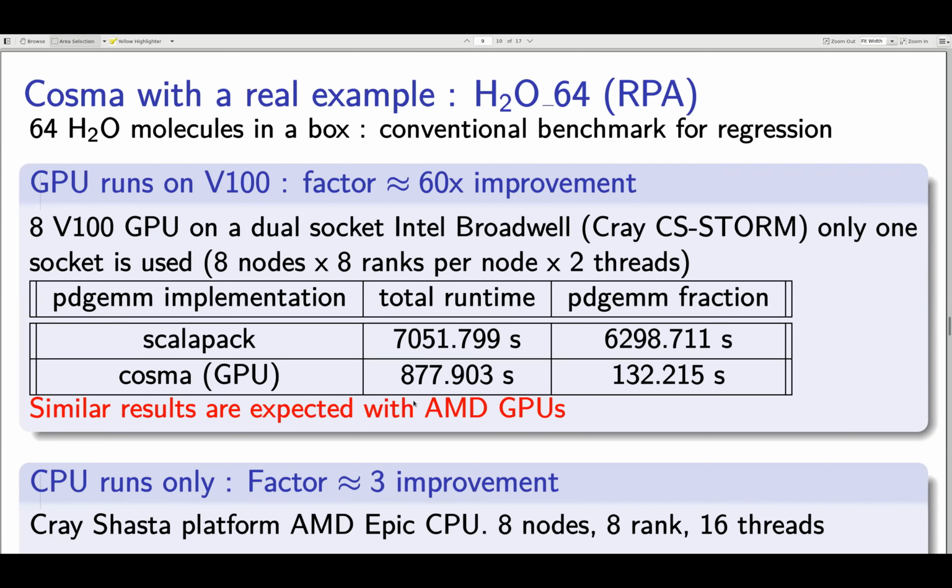So the point here is that by just replacing one call by an external library, we reduce the amount of time we spend in PDGEMM. So in other words, PDGEMM is not a major bottleneck in many CP2K simulations anymore.